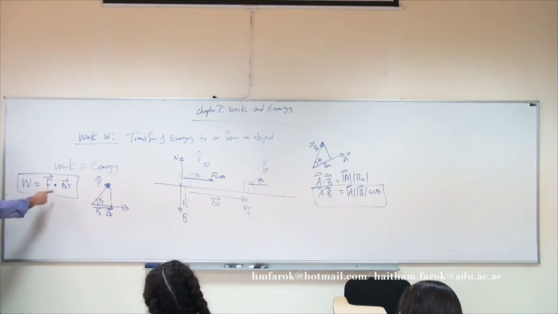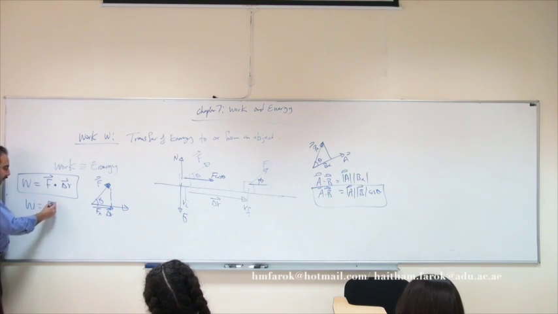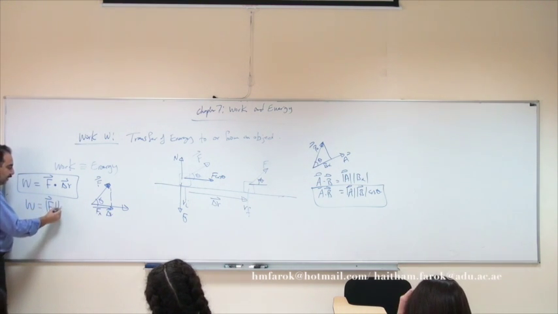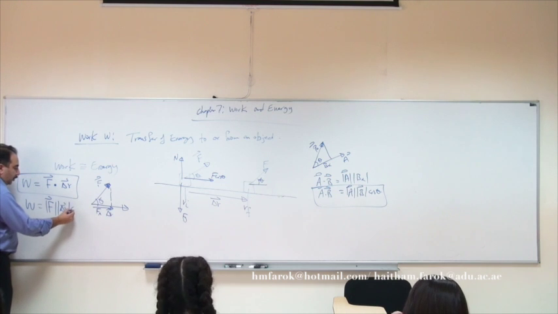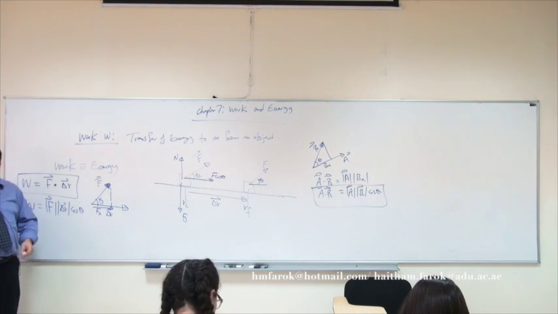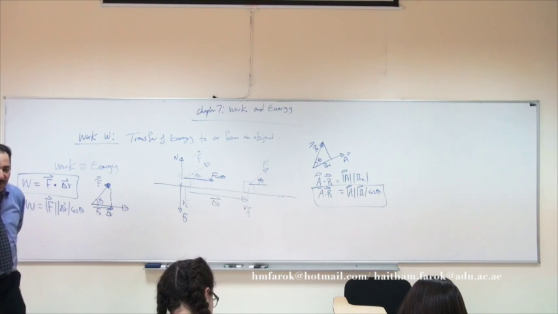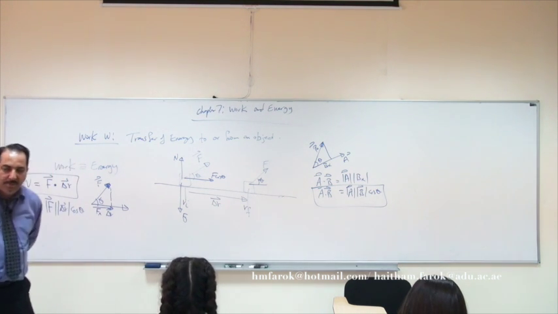The other way which you can find dot is the magnitude of the force, magnitude of the displacement, cosine the angle between them. That's if you have the magnitude, and cosine the angle between them. Yeah? So now, if you want to calculate work, what do you need?